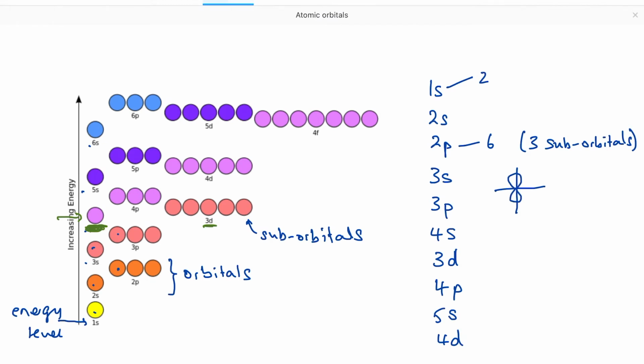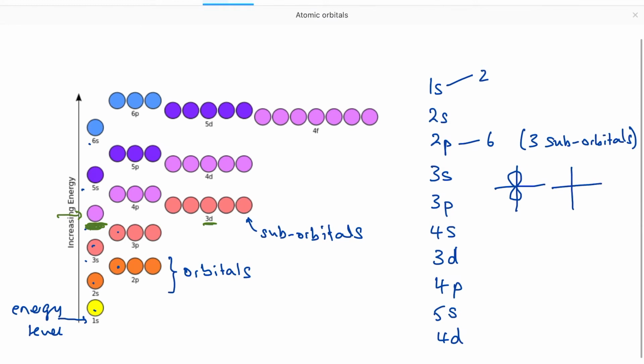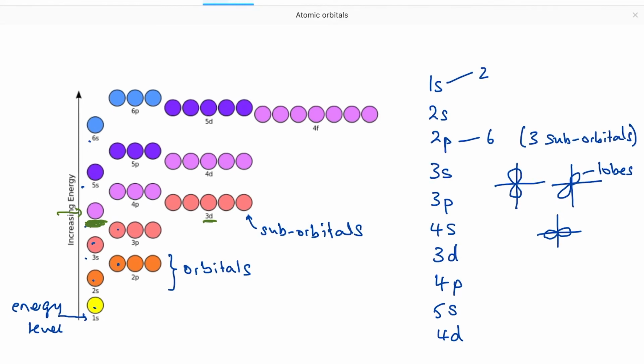It doesn't have to be any more exciting than this. And often these are called lobes. So you might see that terminology there, but you need to be able to draw them out, and you can label them as Py, Pz, and Px in the way that I've drawn them.